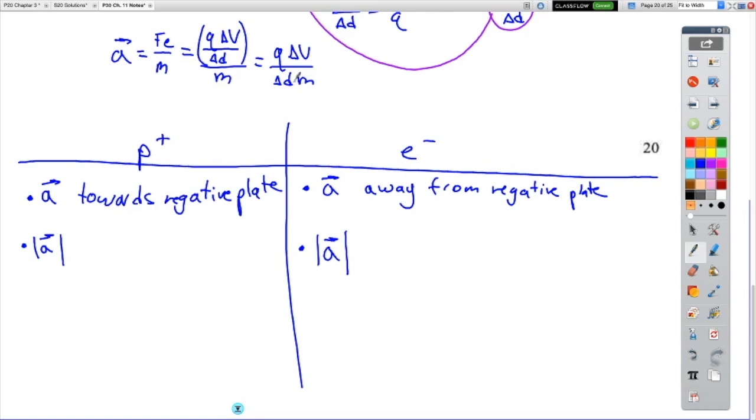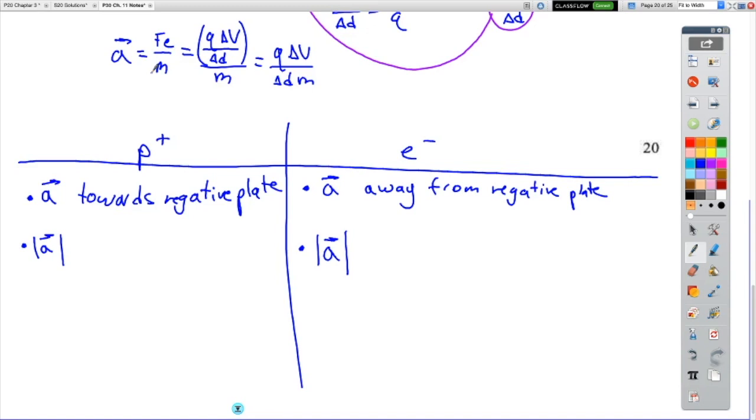So what will that mean for their accelerations? Will an electron accelerate easier, or will it be harder to accelerate an electron? According to Newton's second law, acceleration is inversely proportional to mass. The bigger something is, the harder it is to accelerate. You know this, right? It's easier to accelerate your bike if you're pushing it along than it is to accelerate a car with a dead battery if you need to start that car.